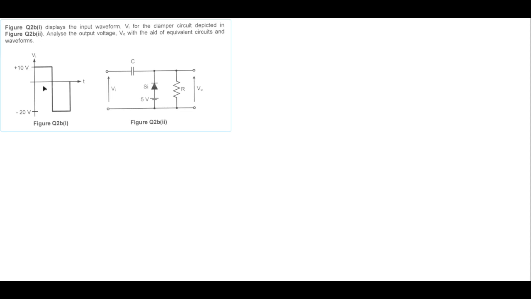Alright, okay, so now we share with you how to do the circuit analysis for this clamper circuit.